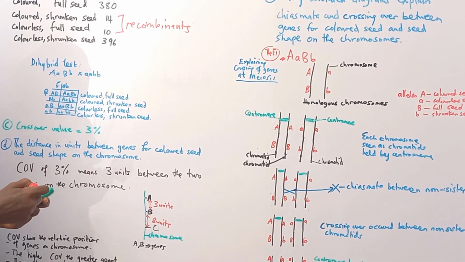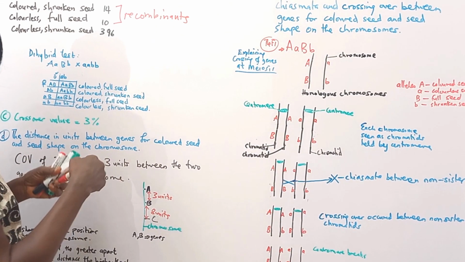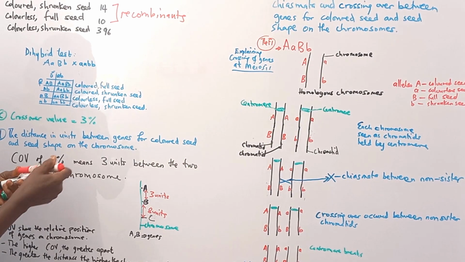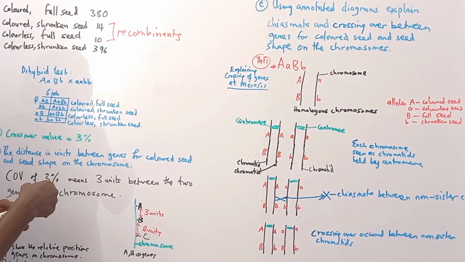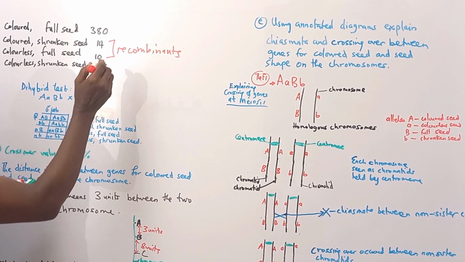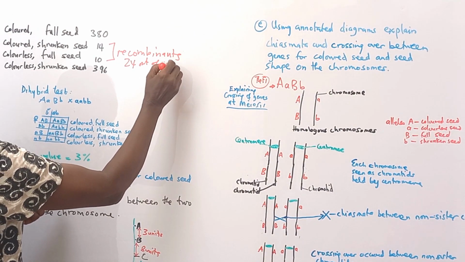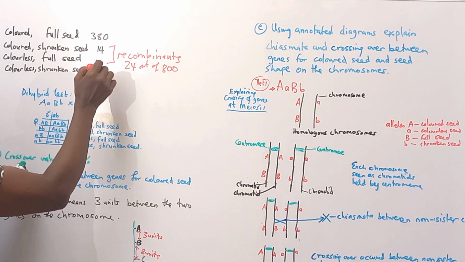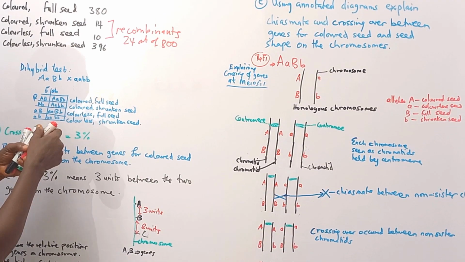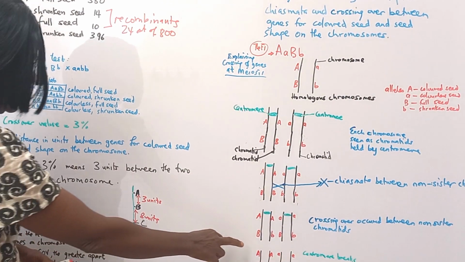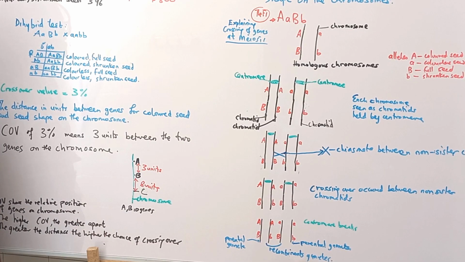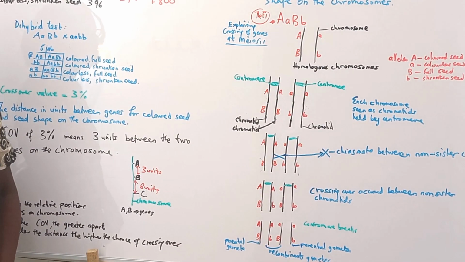The chiasmata and crossing over did not take place in all the seeds. It took place in 24 out of the 800, but in the parental, which is 776, the genes remain linked. That is the explanation of today's question.